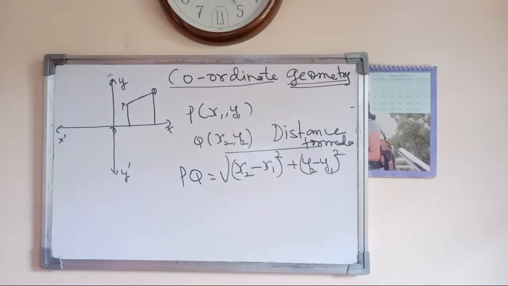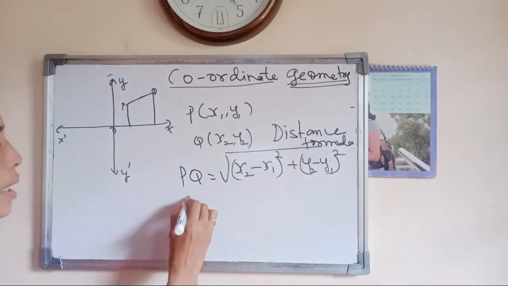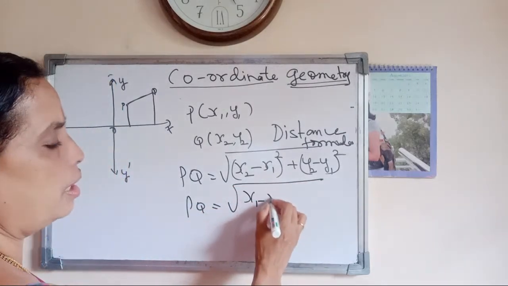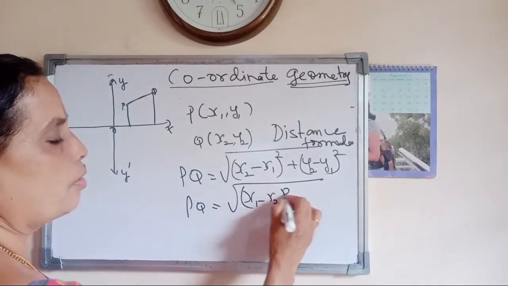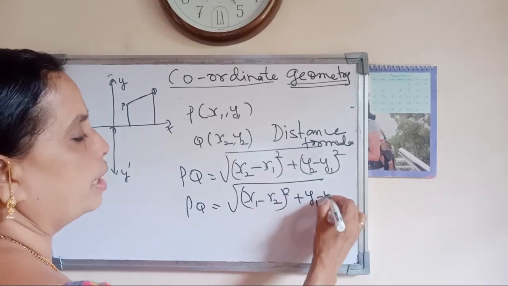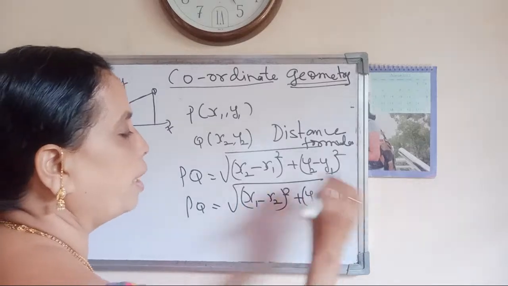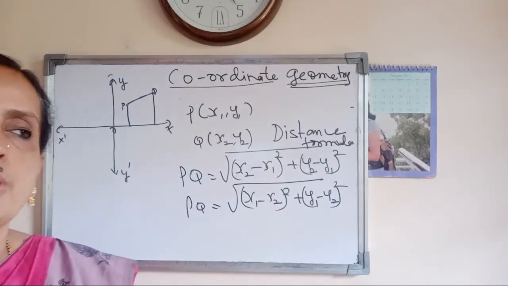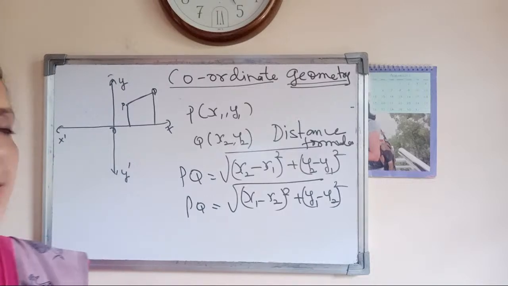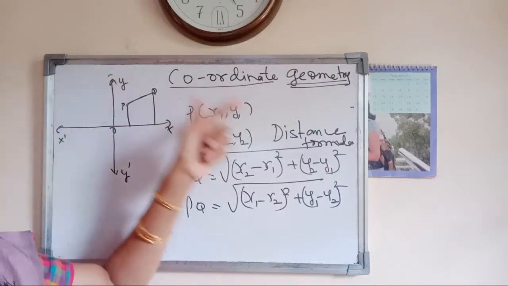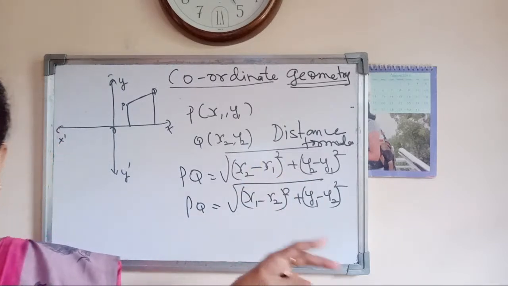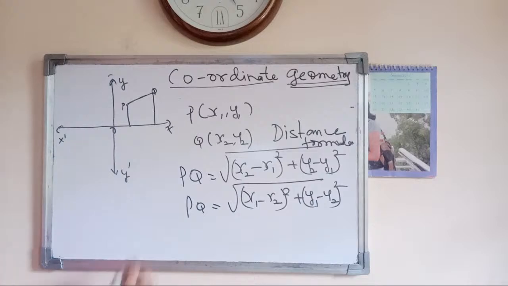We can also write this distance formula PQ as root of x1 minus x2 whole square plus y1 minus y2 whole square, because the square of a negative term is also positive. Either we can take x2 minus x1 or x1 minus x2, the final answer will be the same. So this is about the distance formula.